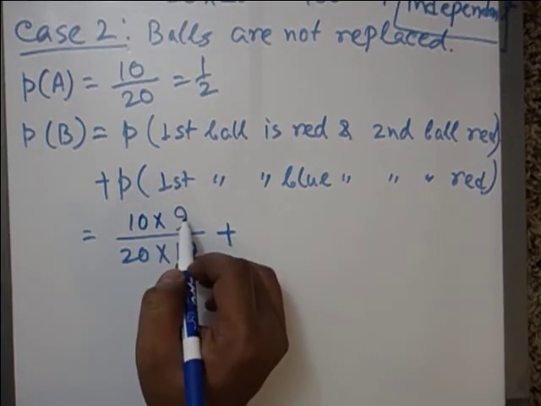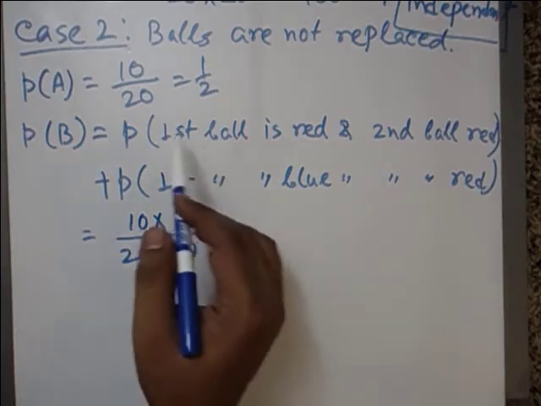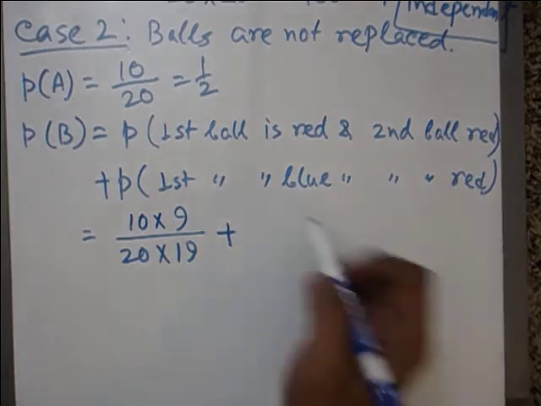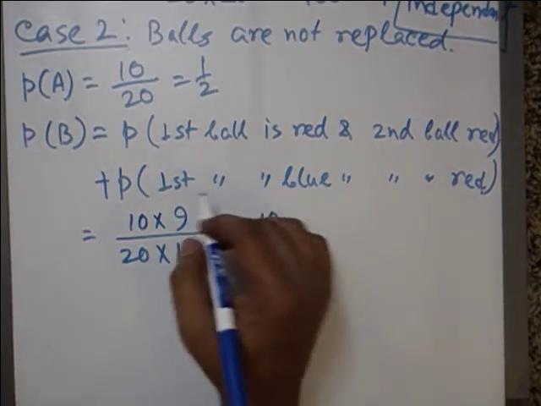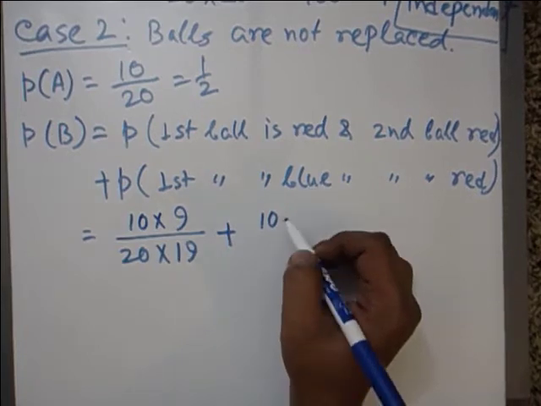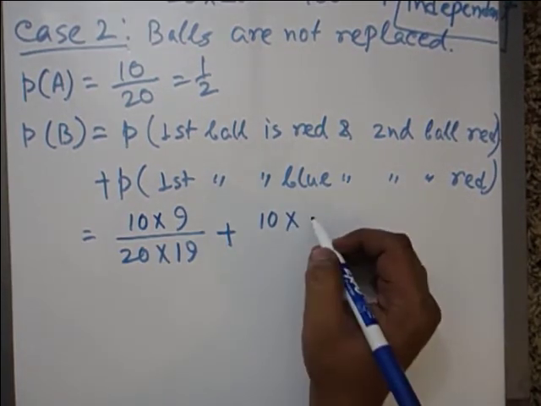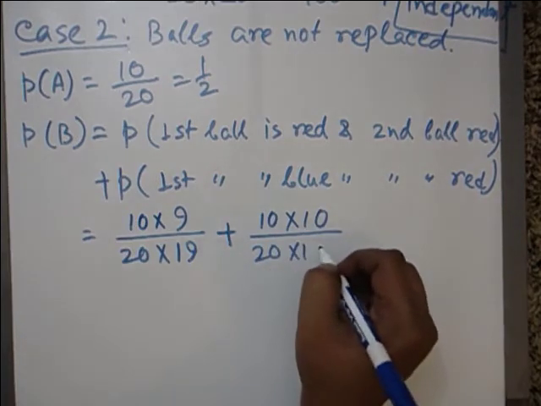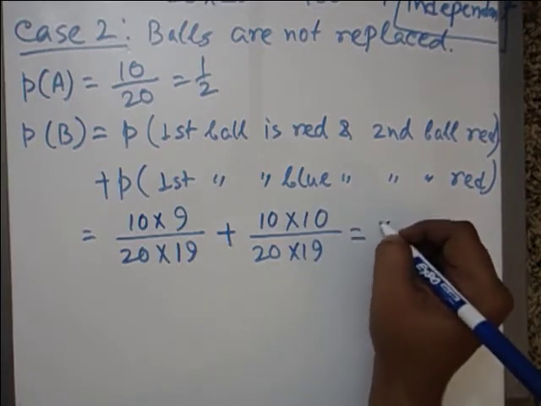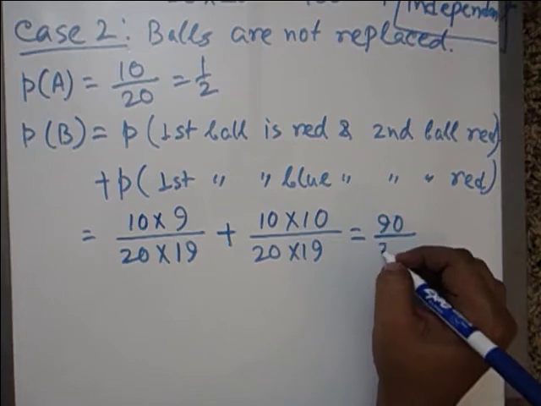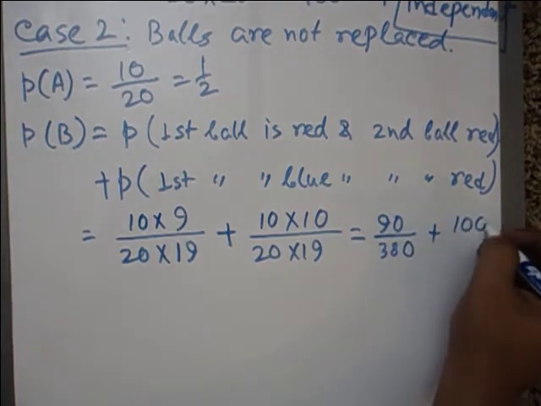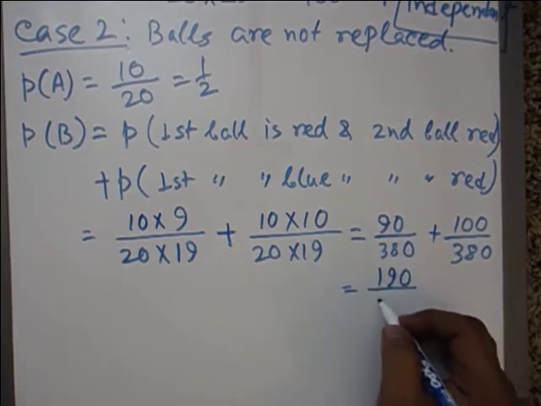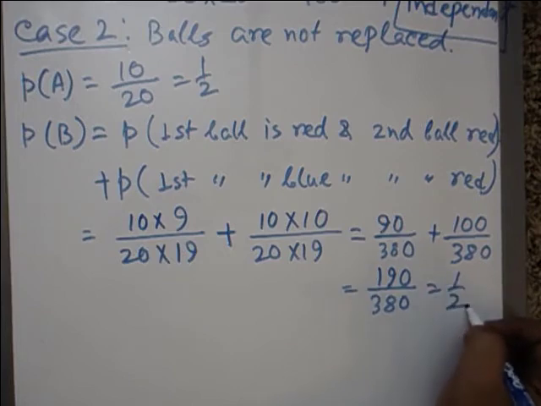So 10 times 9 over 20 times 19, that's the answer for the first probability, plus the second probability, that would be first time it's blue, so there are total 10 blue balls, and second time how many red balls are there? 10, so 10 times 10, the denominator is the same, so this is 90 over 380 plus 100 over 380, which is same as 190 over 380, is same as half.